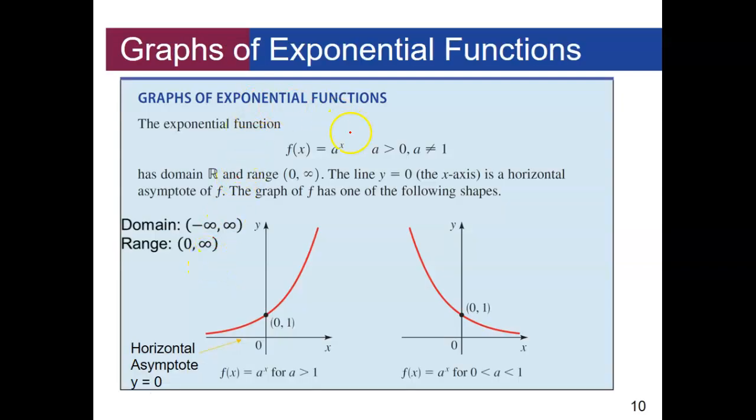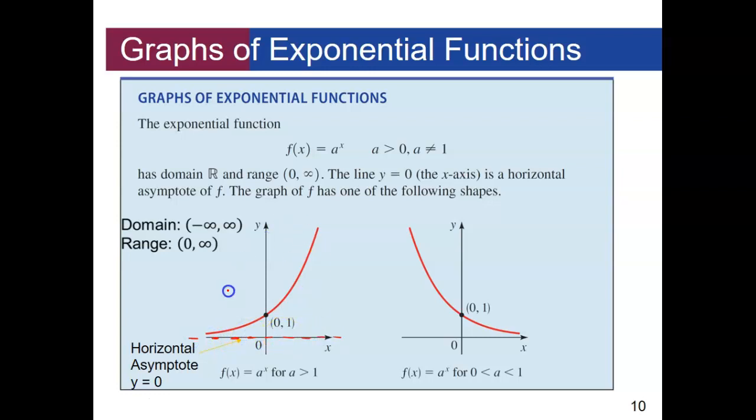So, some basic characteristics of our exponential function. First of all, the domain of an exponential function is all real numbers, so negative infinity to positive infinity. We can do translations, and that's really not going to affect the domain. The range is going to be from 0 to infinity because we have a horizontal asymptote here at y equals 0.